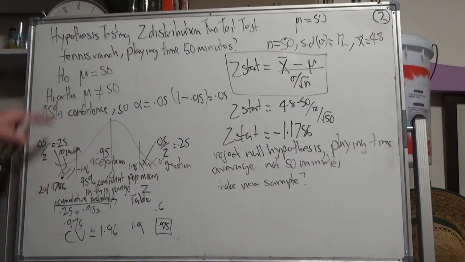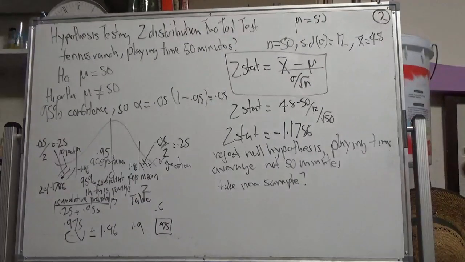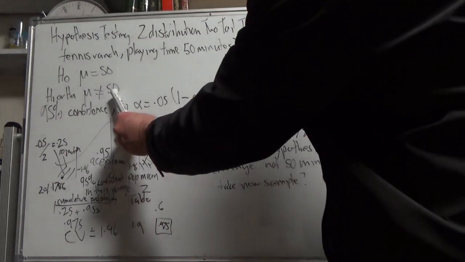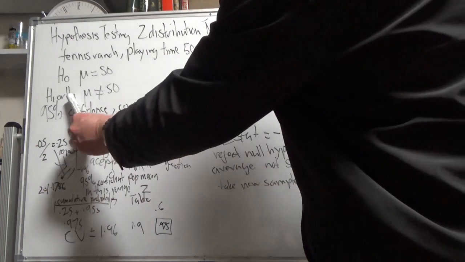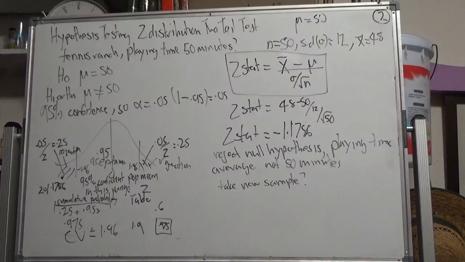So ours did go into the rejection, and the correct terminology is fail to accept the null hypothesis. So in effect, we've selected the alternative hypothesis denoted by HA or H1, that the population mean isn't equal to 50.